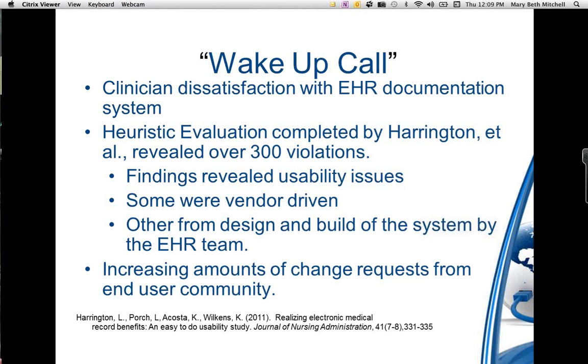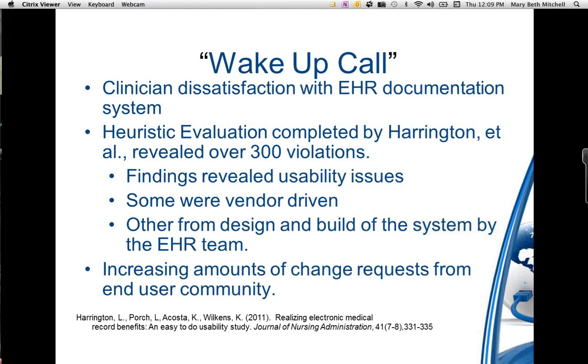Some of the evaluations that we've done within my organization is trying to understand where that dissatisfaction with the EHR is coming from. I've given you some references at the end of today because I didn't want to put all the references on the slide. They end up taking quite a bit of space up, as you all know. So I've given you some readings at the end that if you're interested in this work, you might be able to reference.